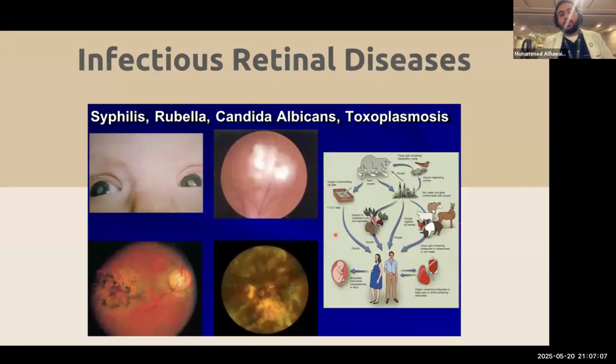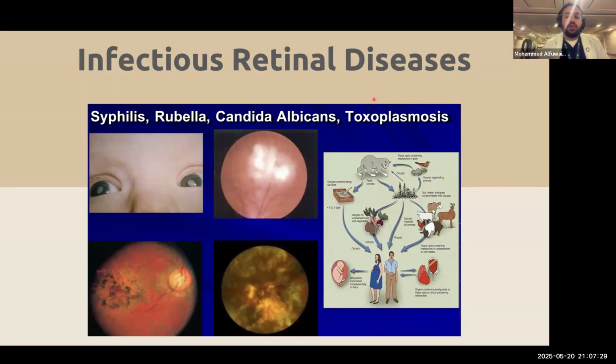Now, we'll go through 3 slides about infectious retinal diseases, then anterior segment and posterior segment, and we're done. Infectious retinal diseases, we have 4 important ones. 3 of these, which are syphilis, rubella, and toxoplasmosis, are congenital ophthalmologic diseases.